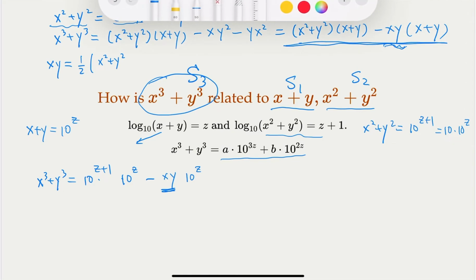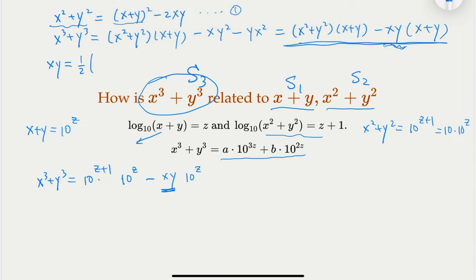From equation 1, we know that it is x plus y squared minus x squared plus y squared, and then divided by 2. So when you plug in, x plus y is 10 to the z, and squared that is going to be 10 to the 2z, minus x squared plus y squared, which is equal to 10 times 10 to the z power.